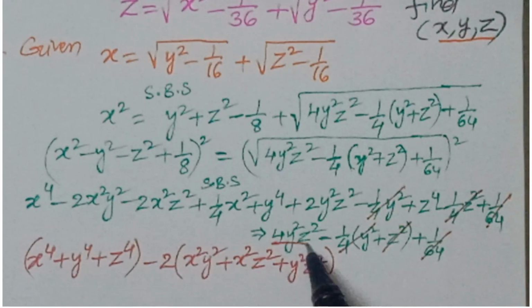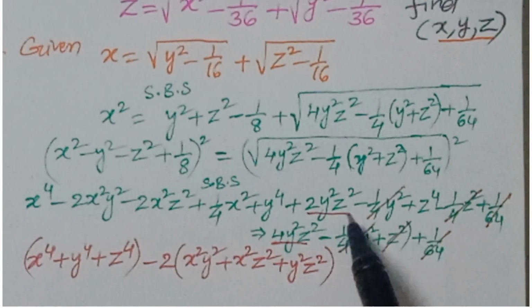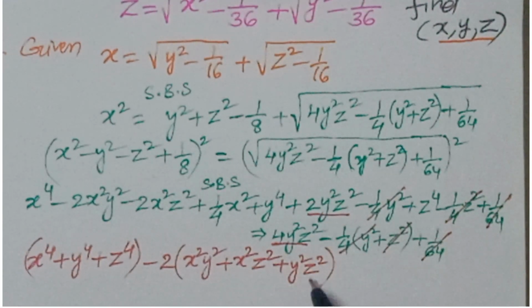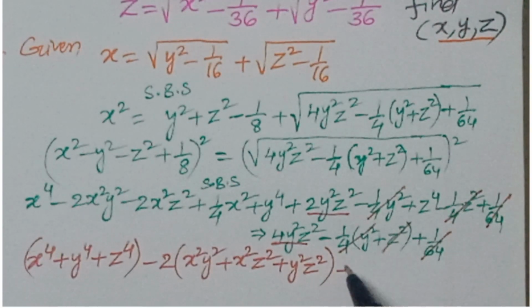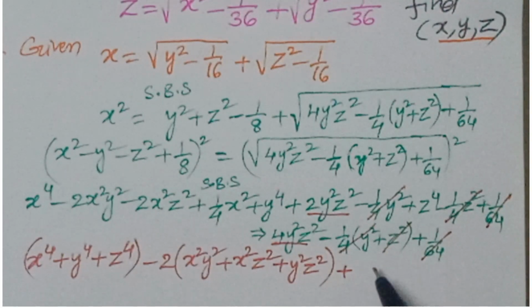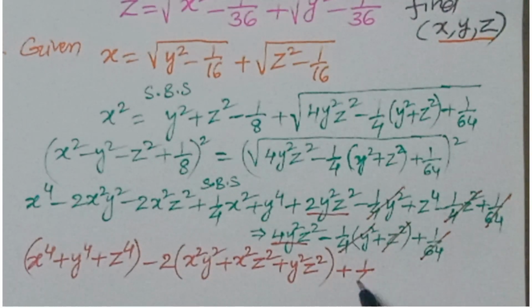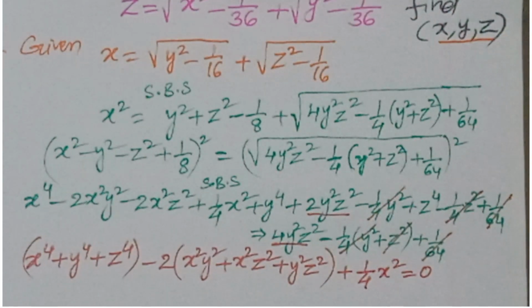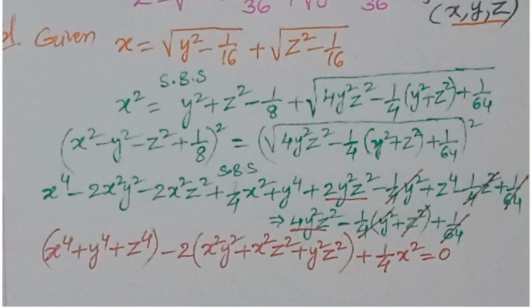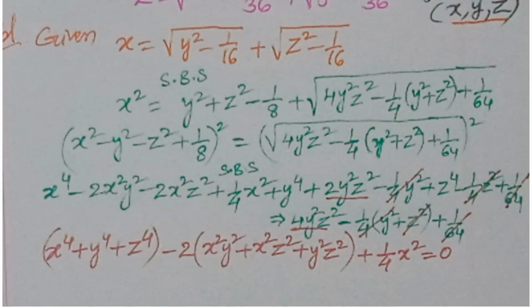Here 4y square z square is there and 2y square z square is there, so you get minus, so here you get plus y square z square, and what is left over here is plus 1 by 4 x square, equal to 0. So we are getting 1 by 4 x square.